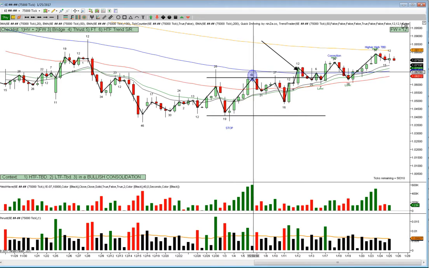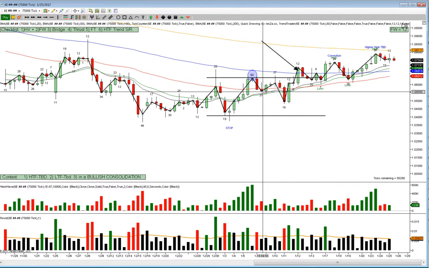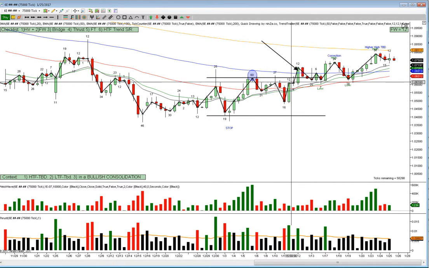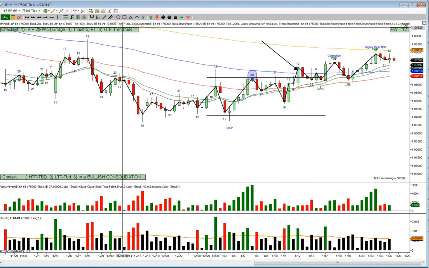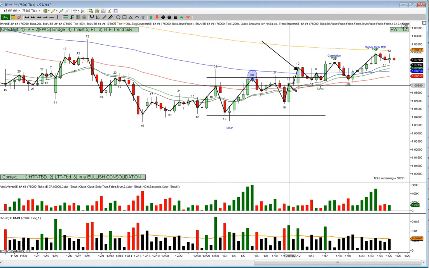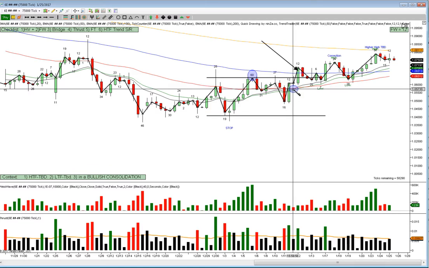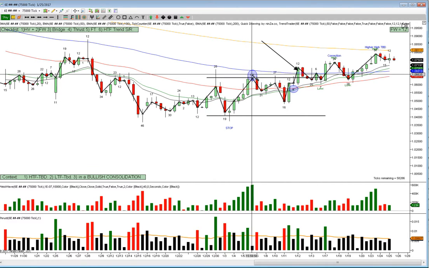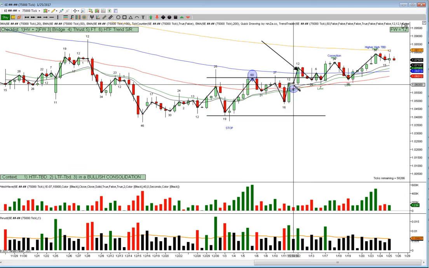They bought a lot of contracts here, and remember, they buy until there's nothing left. Where's your evidence that there's nothing left? Right there. See that? That's your evidence. Look at that. Ain't nothing more to buy.